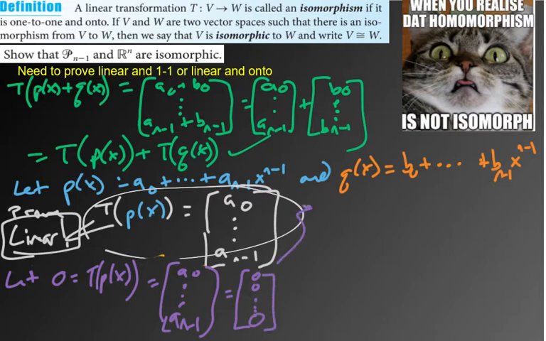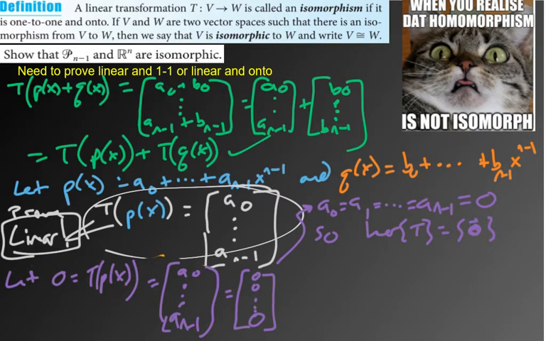And if you think about what that means, then a naught has to equal a1, which has to equal blah, blah, blah, n minus 1, all of those have to equal 0. So the kernel of this map is actually just the trivial 0 vector.